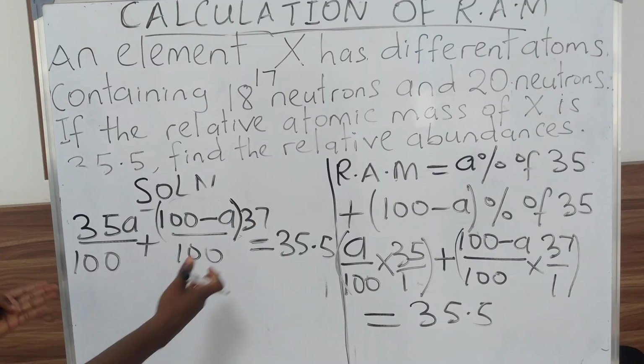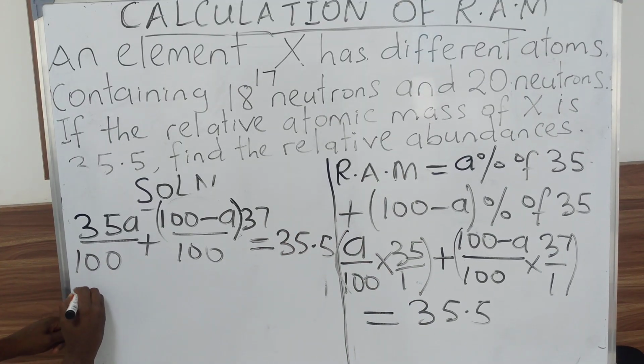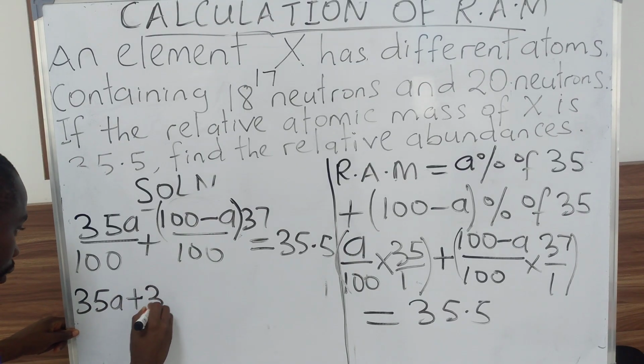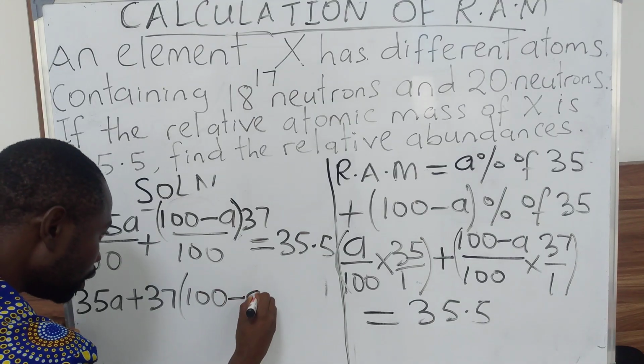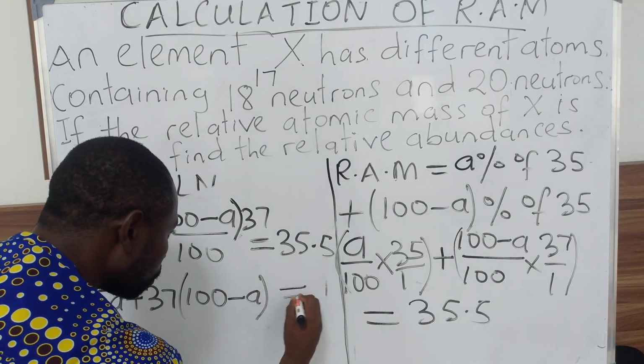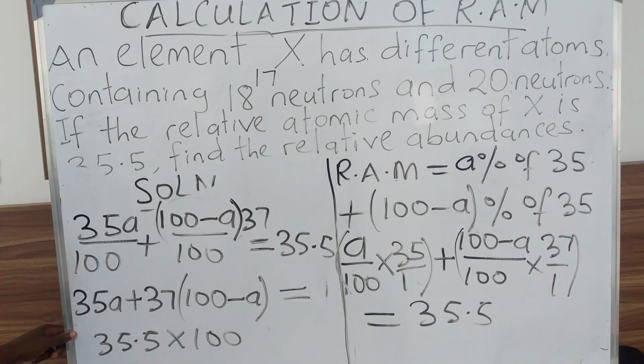When you find the LCM and cross multiply, you're going to have 35A plus 37 into 100 minus A is equal to 35.5 times 100.